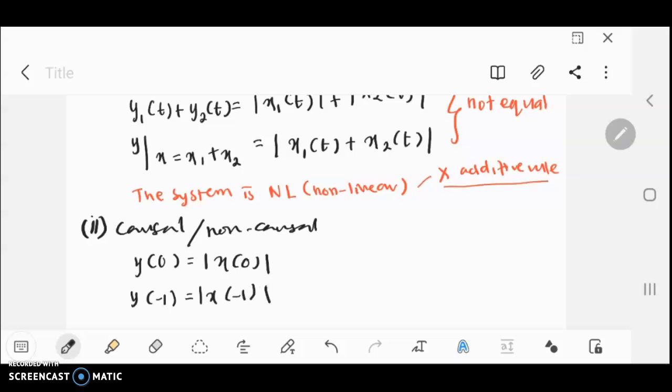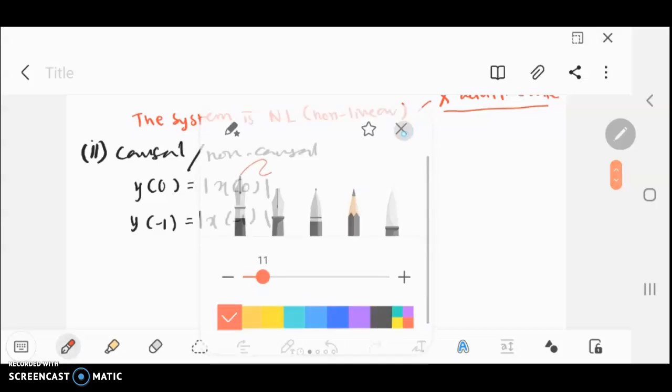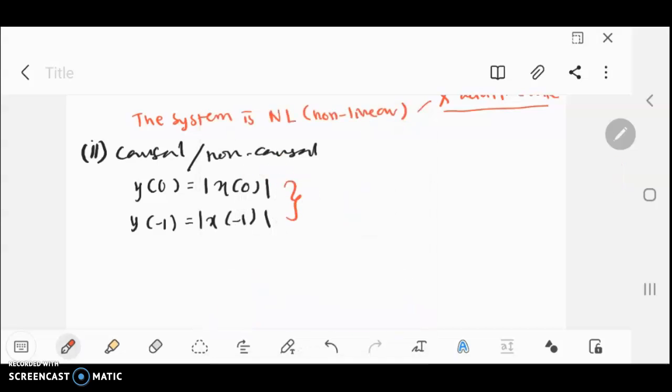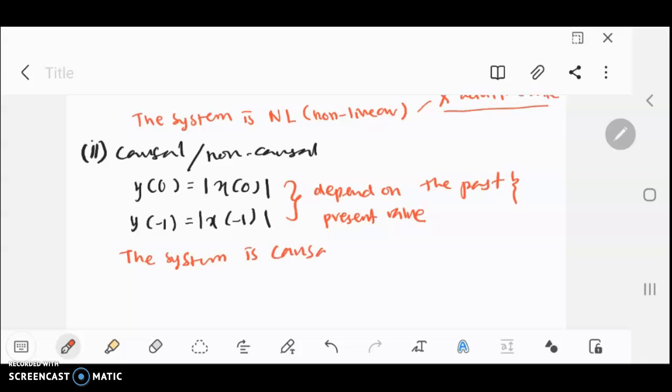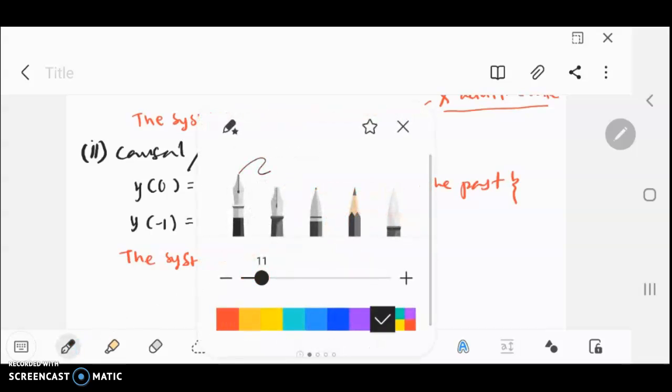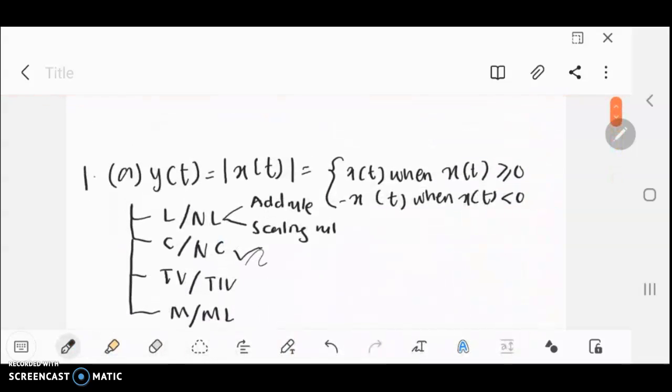So as we can see, both of these values depend on the past and present values. That's why this system is causal. There we go.